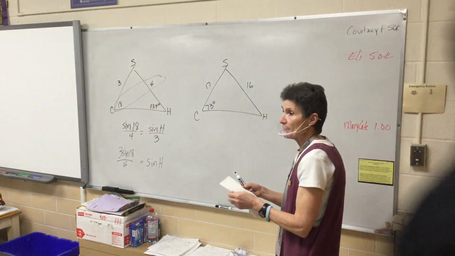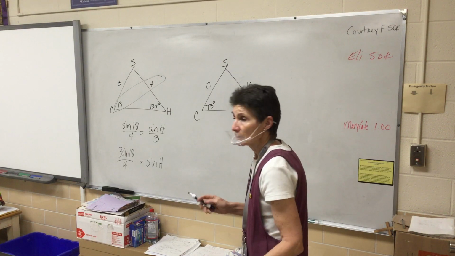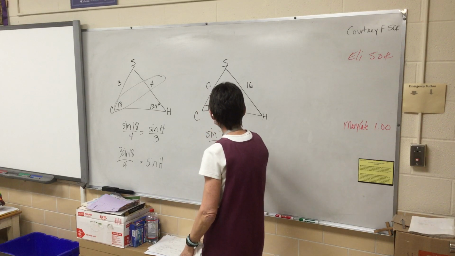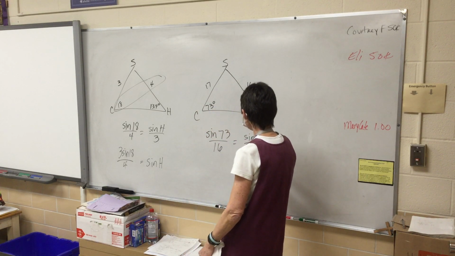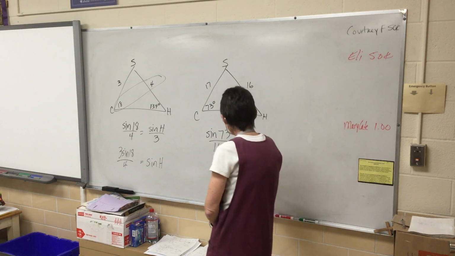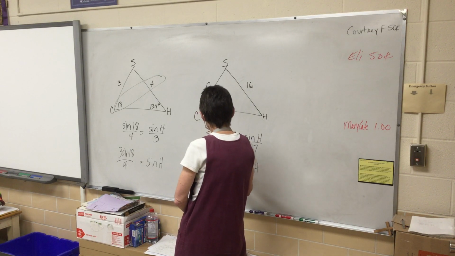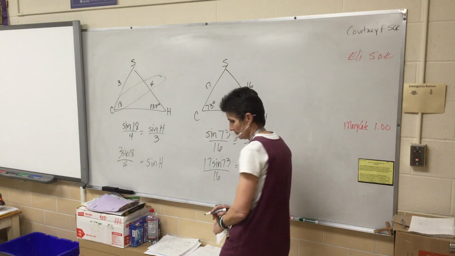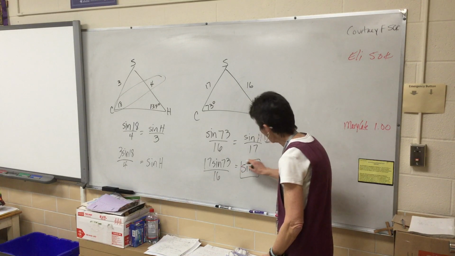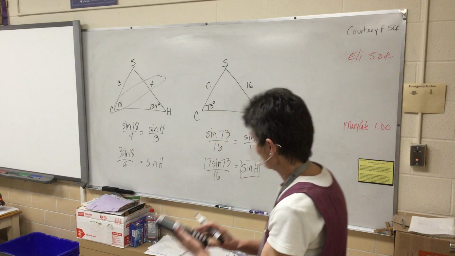All right, so what's our setup going to be? How many triangles are possible? Sine 73 over 16 equals sine h over 17. Is that what you said, Grace? Yep. So sine h. Now, again, whenever your variable is sine h or cosine x, you've got to do the inverse.